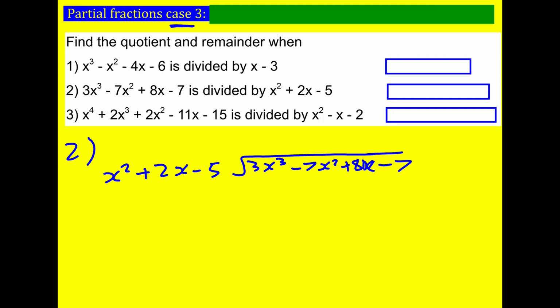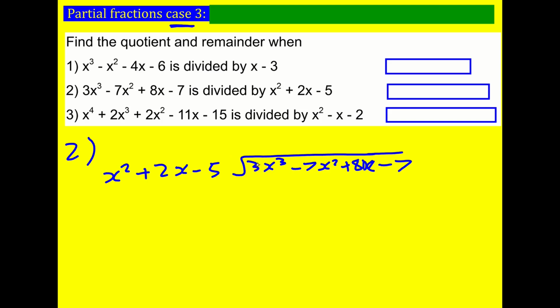Note, if for example we didn't have an 8x, then you should leave a gap. Try and have a little place for all your cubes, squares, and so on. You should have seen that before and talked about it, but I'm just going to say it again now. It works in exactly the same way. It's just going to be a little bit more messy, but we're going to do x squared into 3x cubed and go from there. Just multiply back through by this whole quadratic.